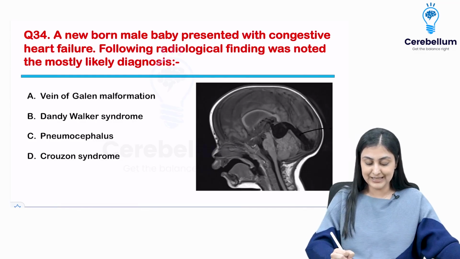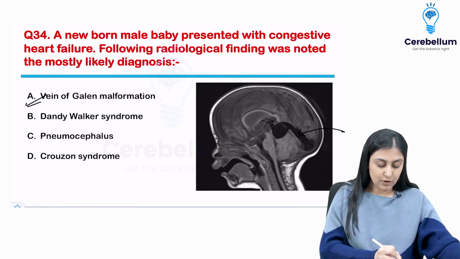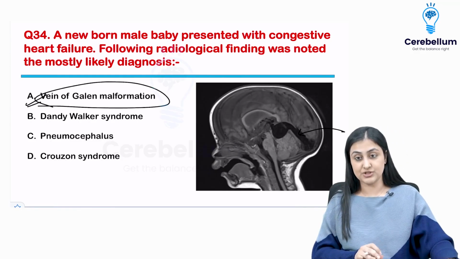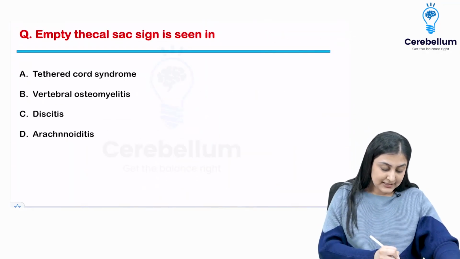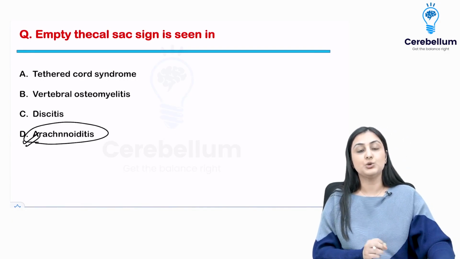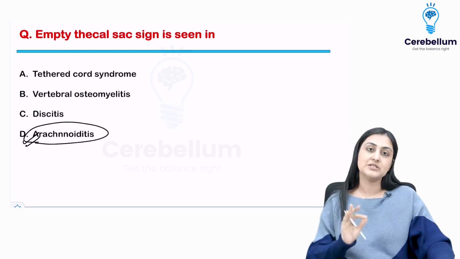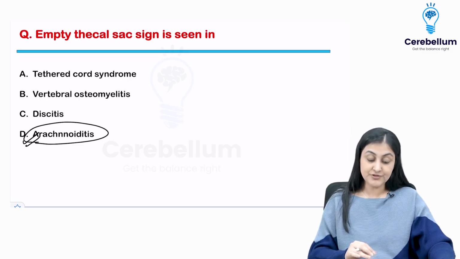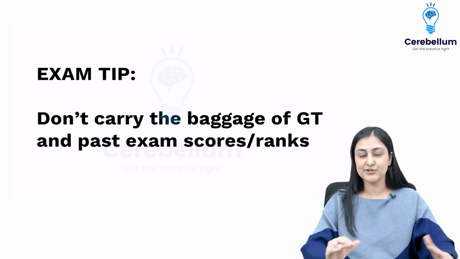And when they show you brain imaging with this large vessel, this is vein of Galen malformation. Empty thecal sac sign is seen in arachnoiditis. This is also an old AIIMS question. Because of arachnoiditis, the neural elements are going to adhere and you will have an empty thecal sac appearance. So that takes care of neuroradiology for us.